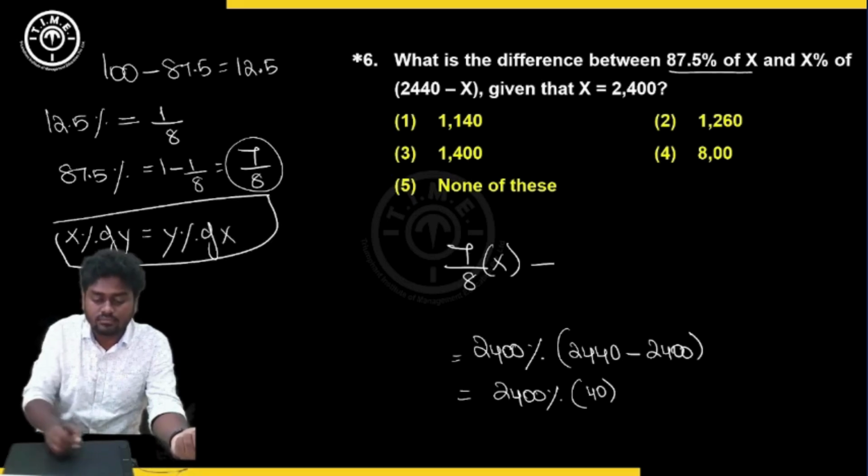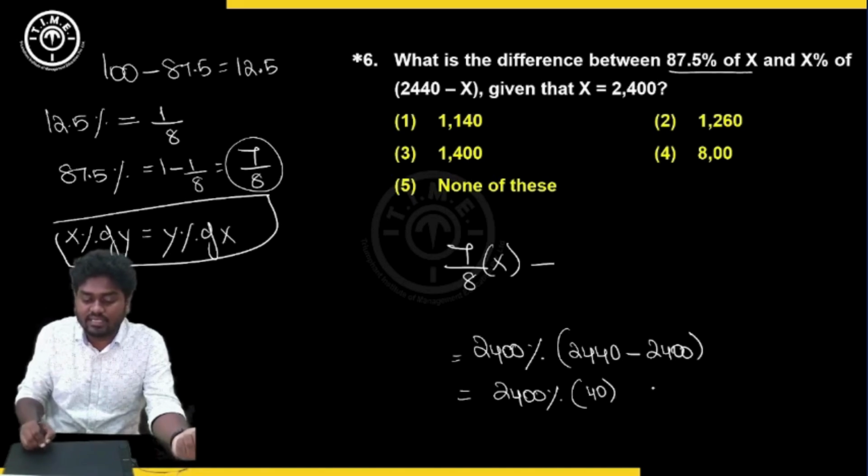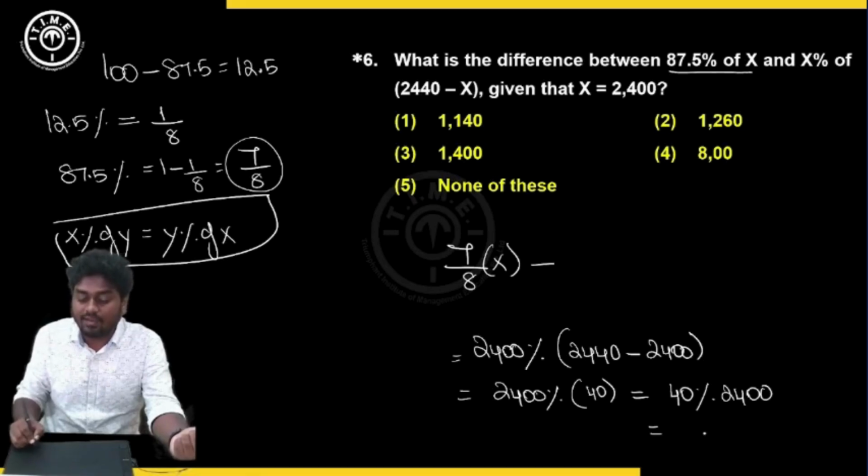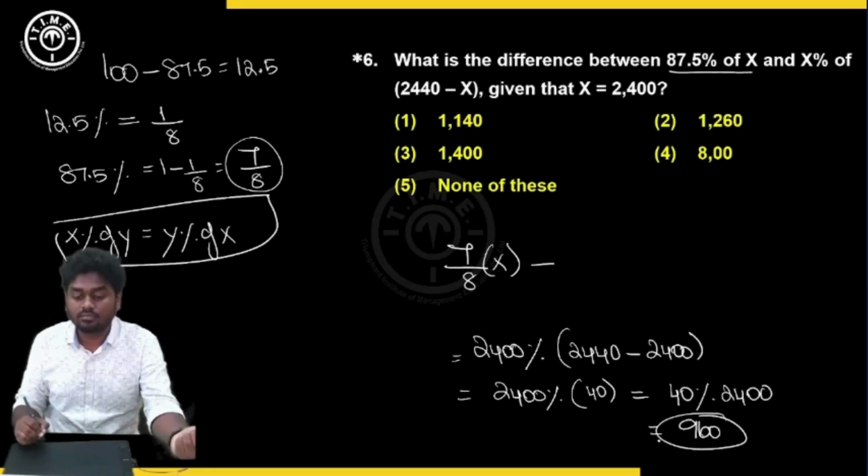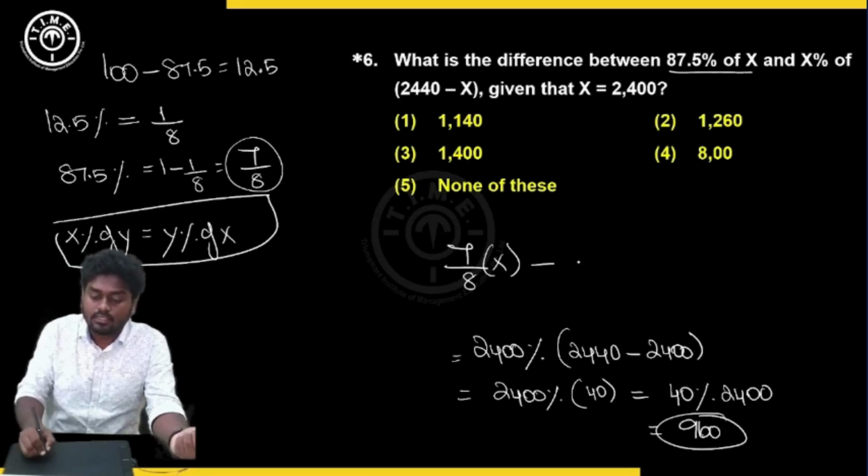We know this. So instead of finding this, it will always be equal to 40% of 2400. Correct? Yes or no? Now let's find its value. 10% is 240, right? So this will be 960. So we got this value for the second expression.